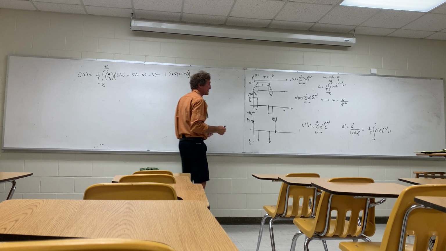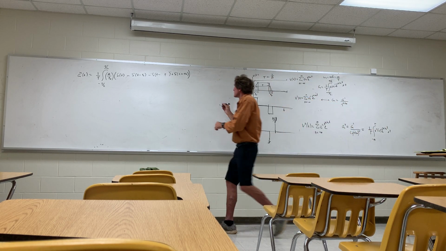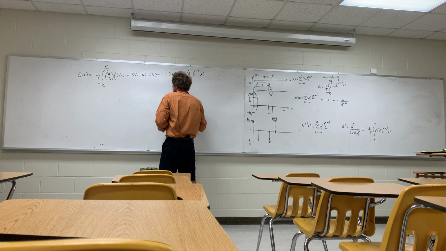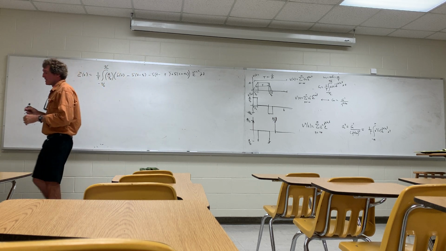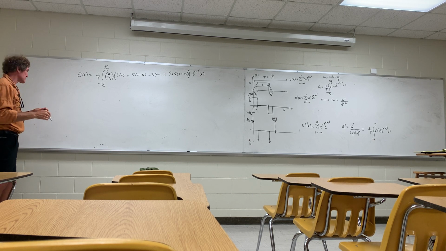Now I have to multiply that by e to the jn omega naught t dt. And those are my C of n double prime. It's worth noting one thing about the delta function, just so everybody remembers it.